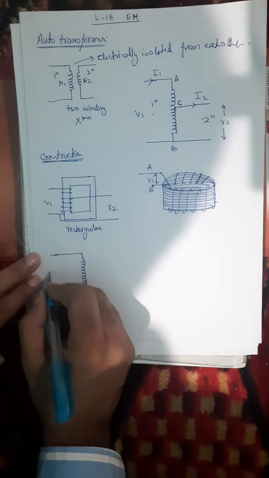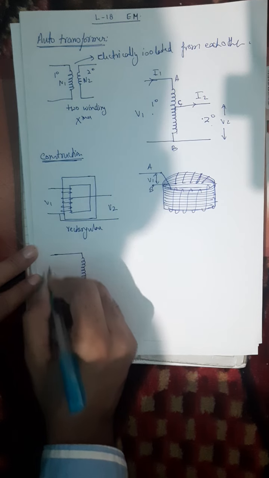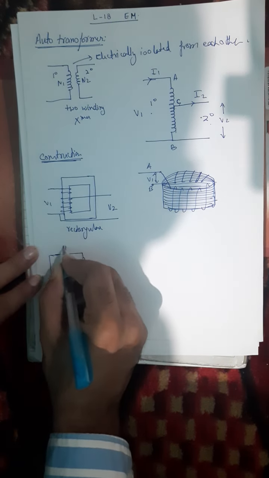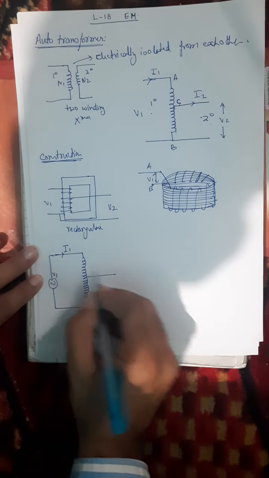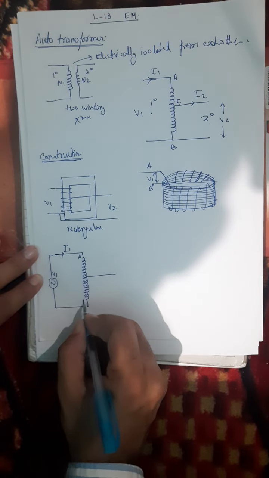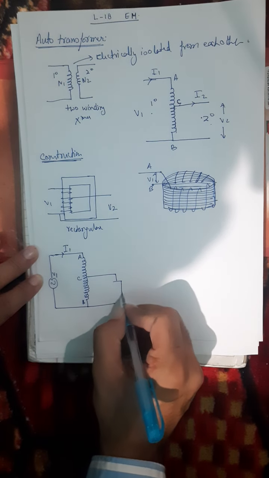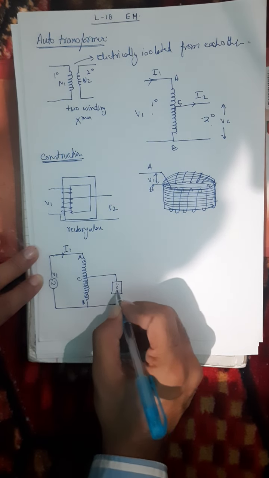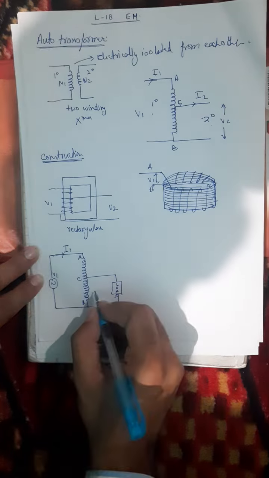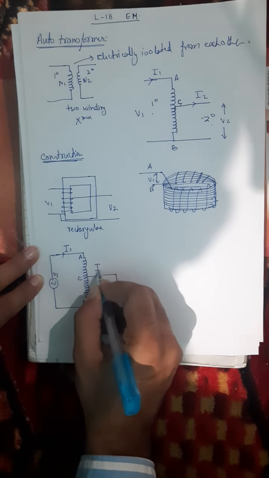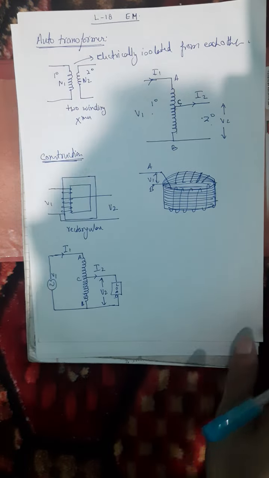Here I will give some supply voltage V1, the current is I1, this is A, this is B, this point is C, and here I will have a load. Here the voltage is V2 and the current that is flowing is I2. So this is a step down type core.